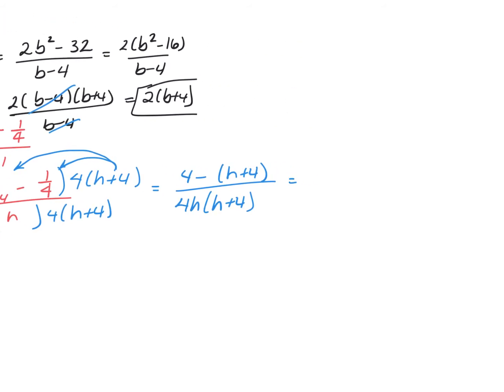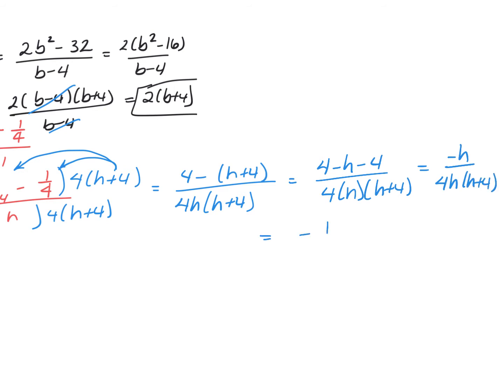In the numerator, this is going to cancel into 4 minus h plus becomes a minus 4, all over 4h, h plus 4. In the numerator, my 4's cancel, so I get negative h over 4h, h plus 4. h's will cancel, so I get negative 1 over 4, h plus 4. And that's my final answer.